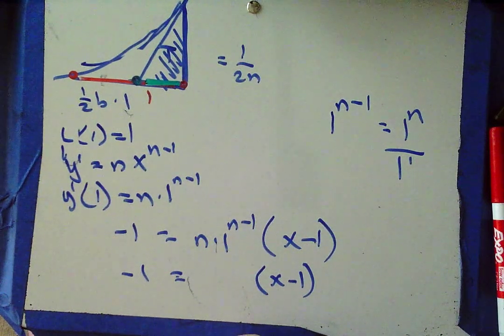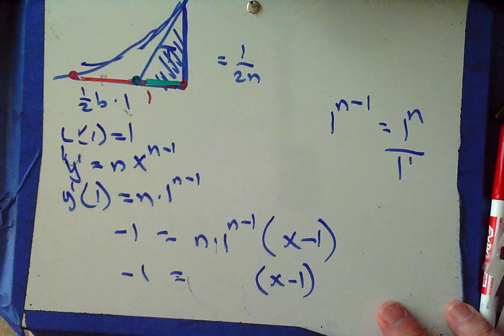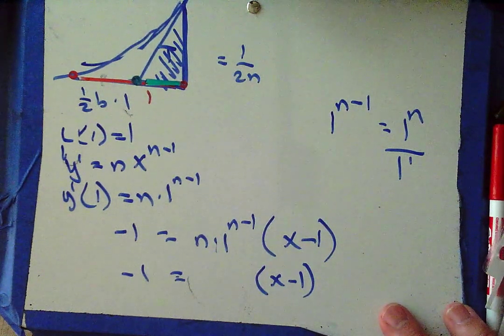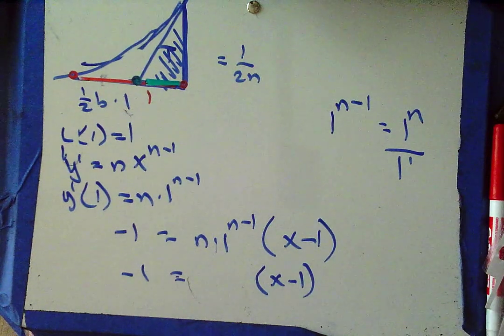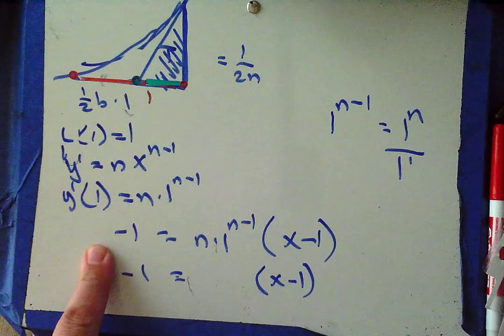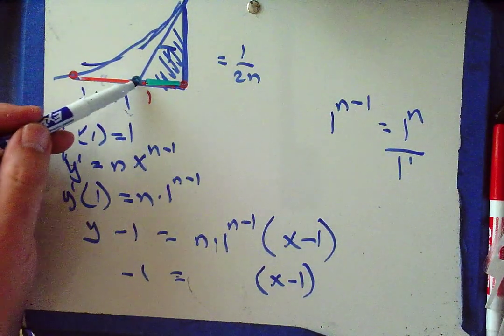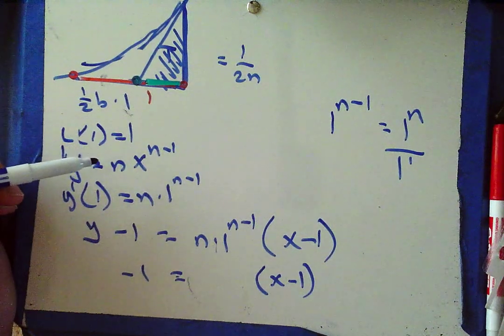Huh. Well, let's think about this some more. I'm looking for a mistake. Why is that negative 1? Oh, that's negative 1 because it's y minus 1. Okay, and I plugged in y equal to 0 to find the x-intercept.